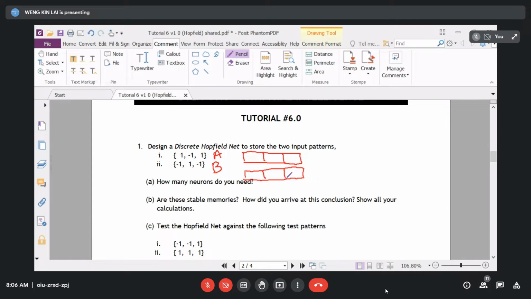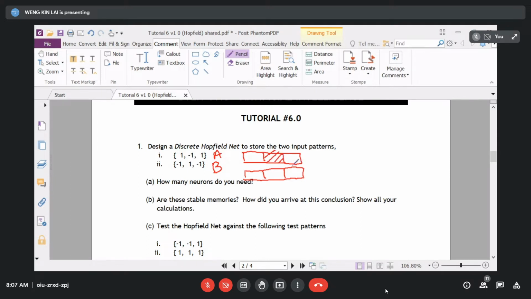Right? So you have this. You have this, which is basically three pixels, if you like. So let's say we have -1 is black, or darkened, shaded.